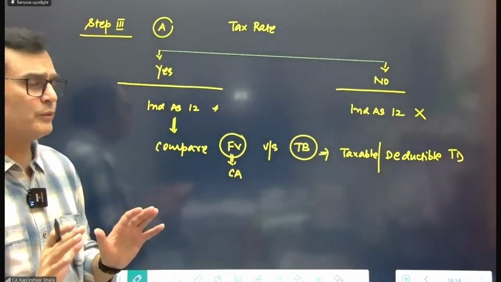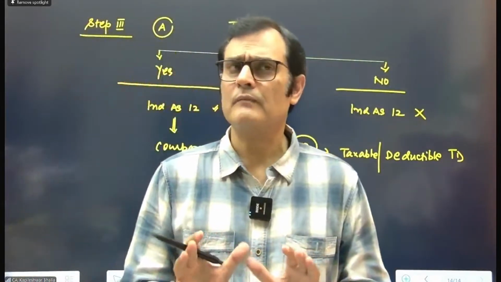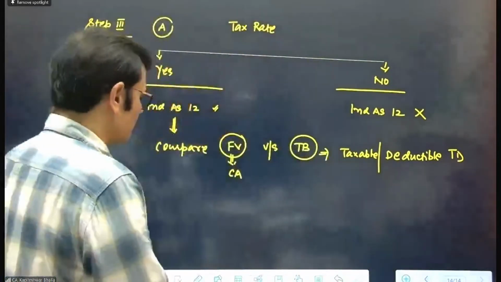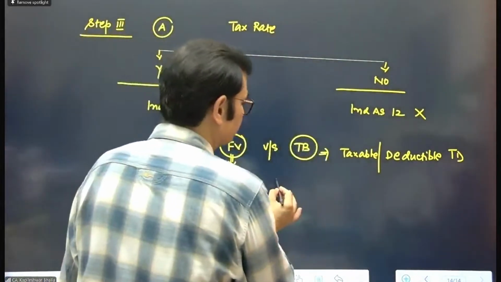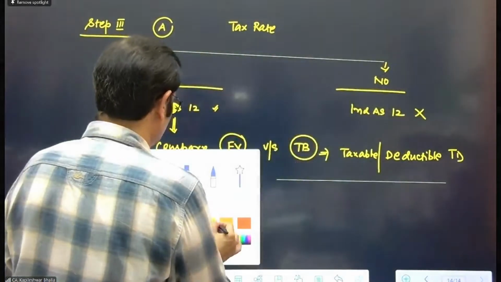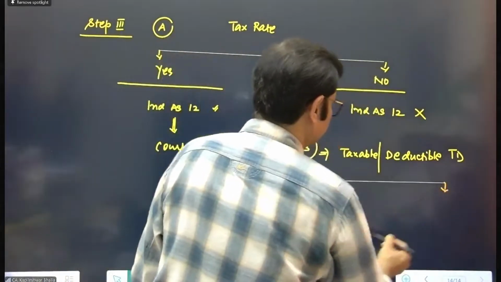So I'm just going to quickly give you the inputs in terms of Ind AS 12. Depending upon the asset or liability, the combinations would be something like this. This is a pure application of Ind AS 12, but it is applied in terms of Ind AS 103.